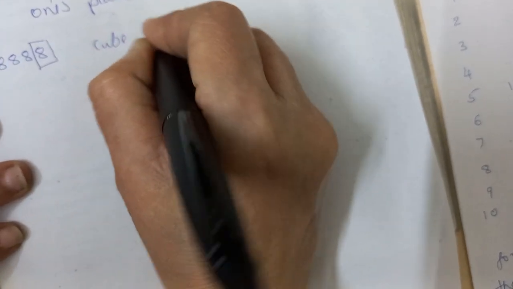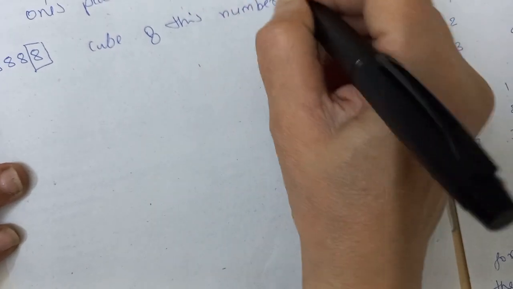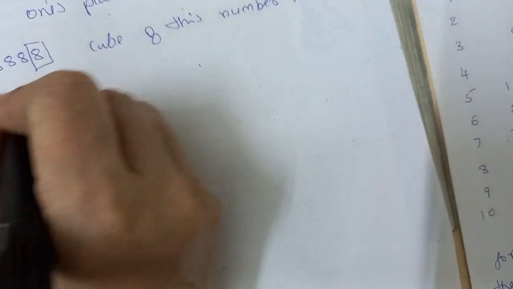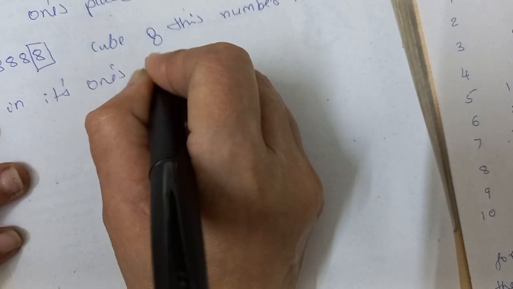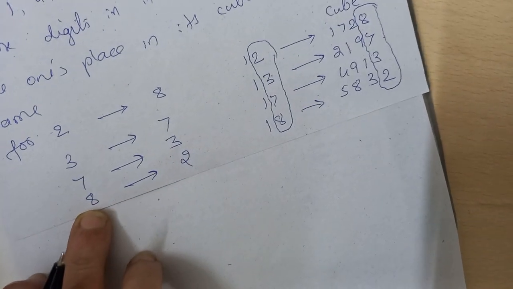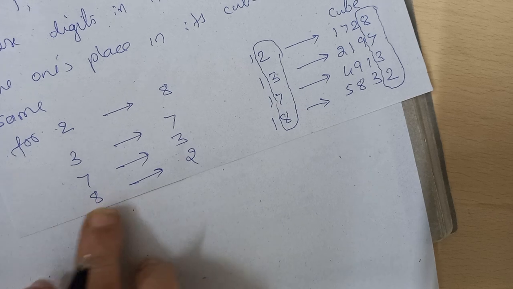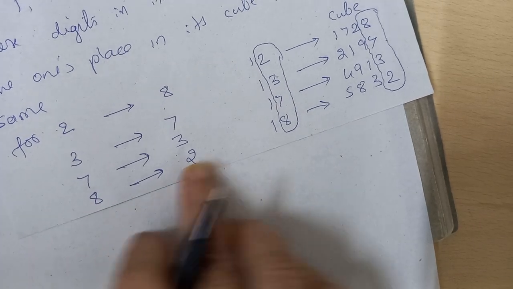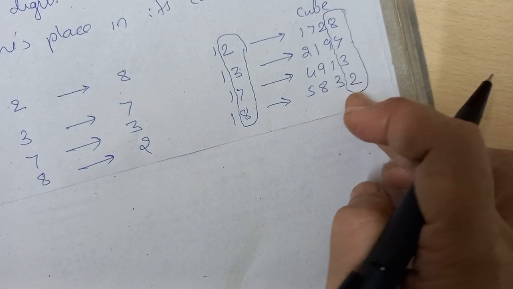So the cube of this number has 2 in its ones place. See, a number having 8 in its ones place, its cube has 2 in its ones place.